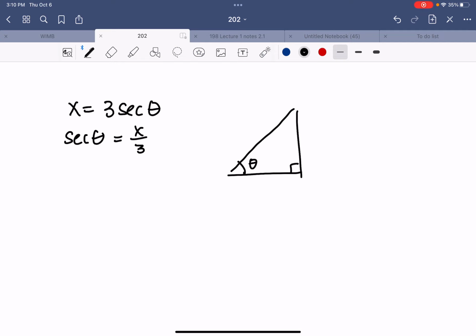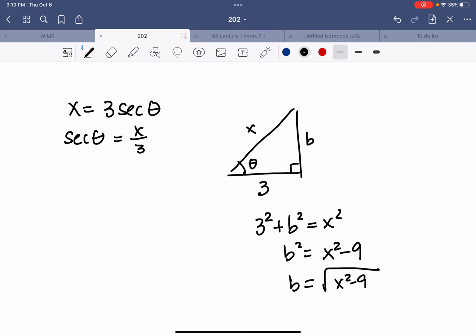In order to find this side over here, which I'm going to call b temporarily, we want 3 squared plus b squared equals x squared. Subtract the 9 over. So b squared is x squared minus 9, and b is the square root of that. Again, that's the one that shows up in the original, so we're not super surprised by that.